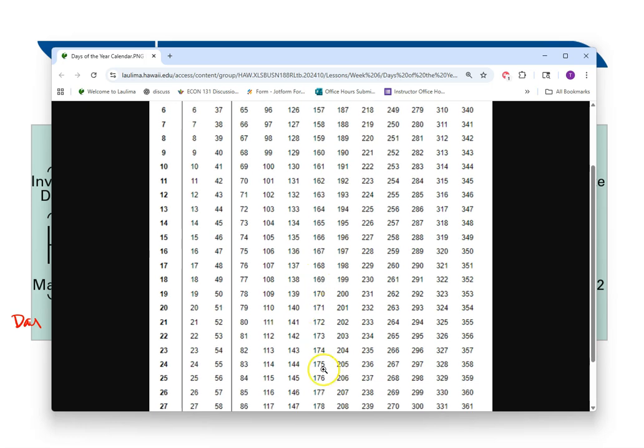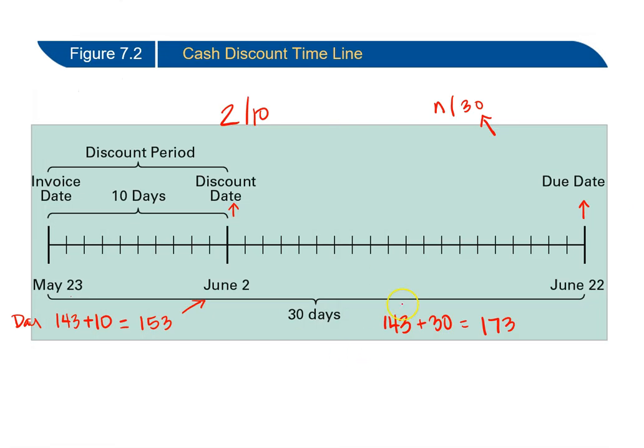So that is June 22nd. And here we can see that it does match up with what we have here. Okay, so that's how you would use the days of the year calendar to find the discount date as well as the due date.